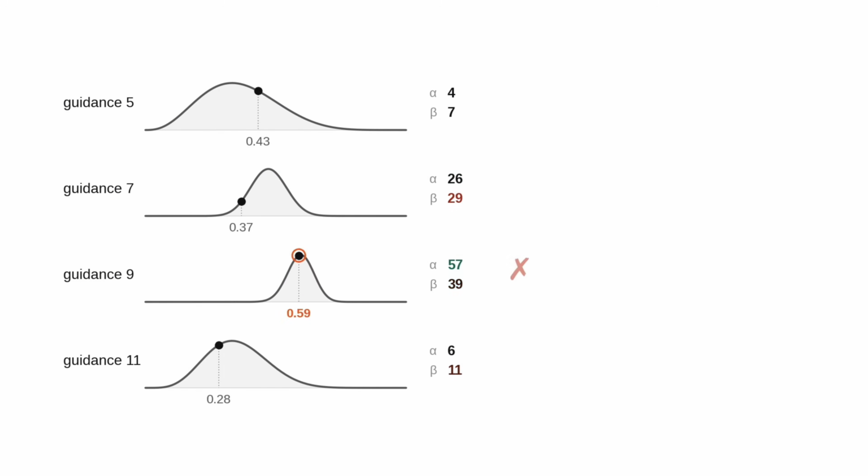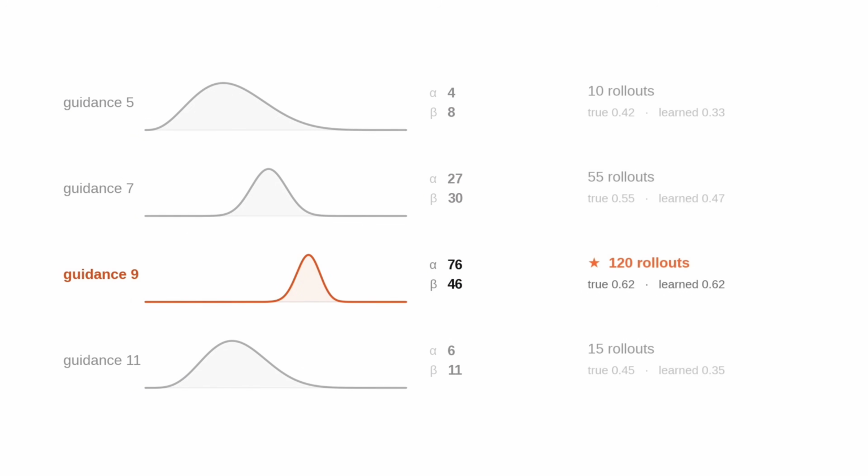You can see in this simulation example that we eventually get a lot of rollouts with the highest success probability, guidance equals 9. And we have a pretty good estimation. The success rate on average converges to the modeled success rate that I used for this simulation. But the rest of the options used much fewer rollouts.